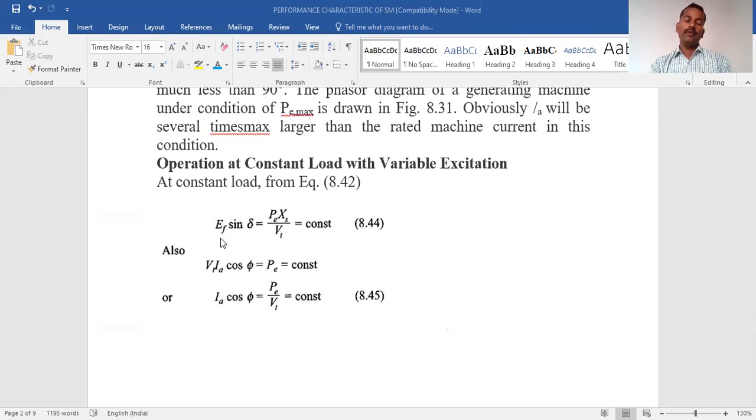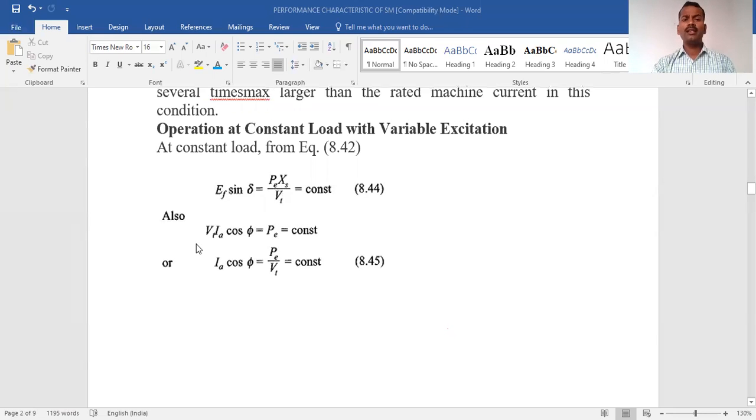EF sin delta being constant means load is constant, and hence EF sin delta constant means PE times XS upon VT will be constant. And similarly, VT IA cos phi will be constant, so from this we can conclude that IA cos phi must be constant, right? These things you have to understand.